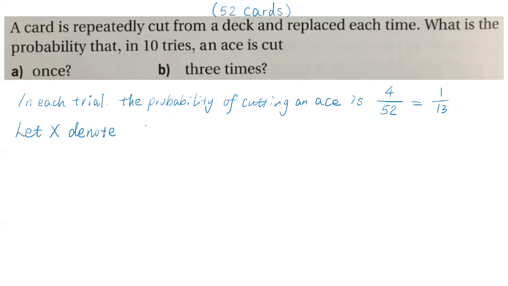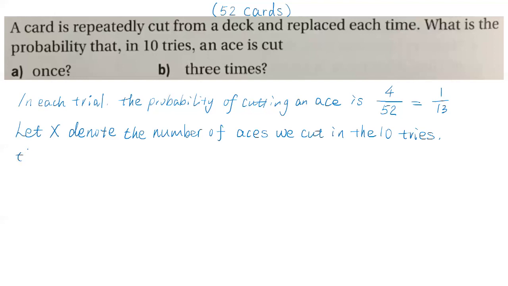And could be any number between 0 and 10. So let X denote the number of aces we cut in the 10 tries.